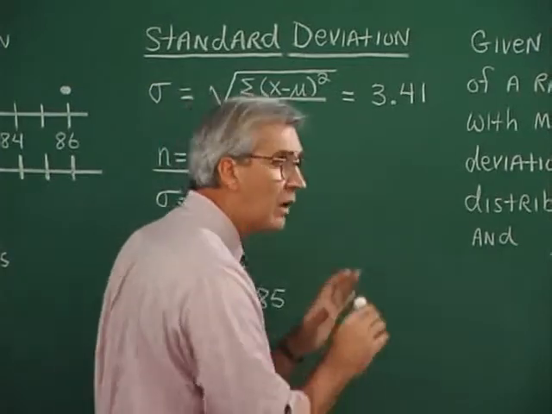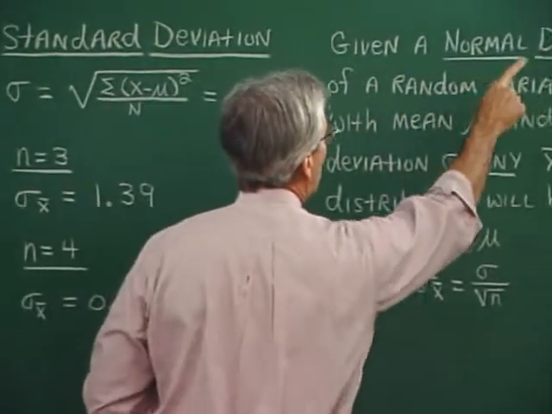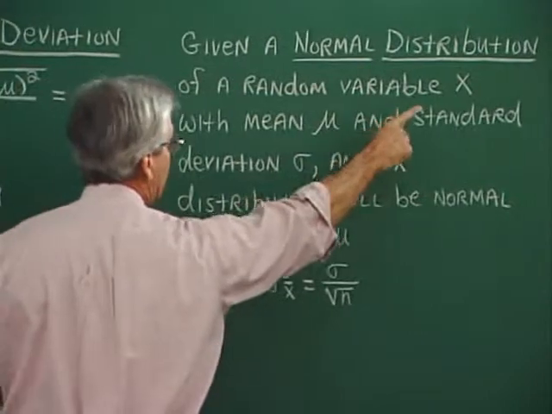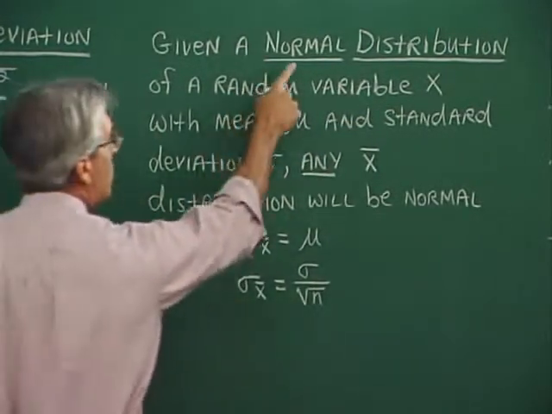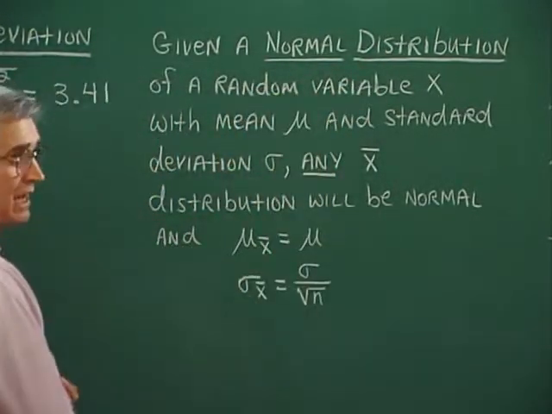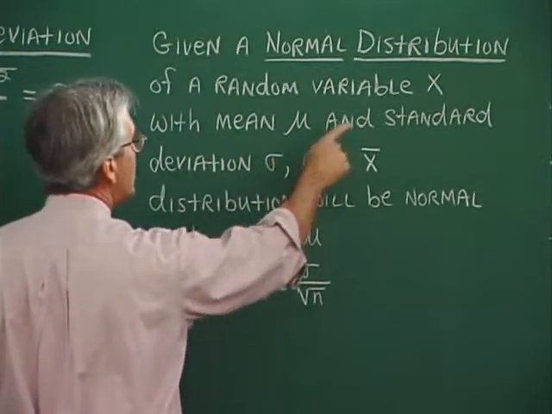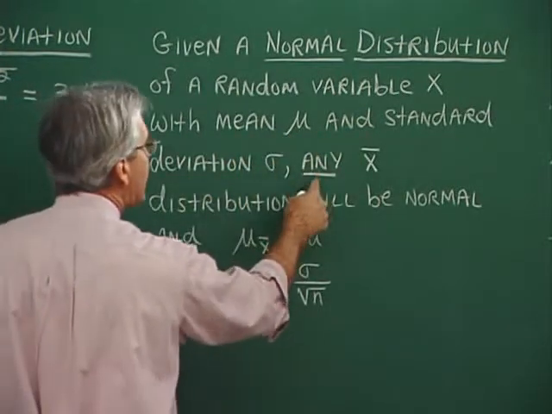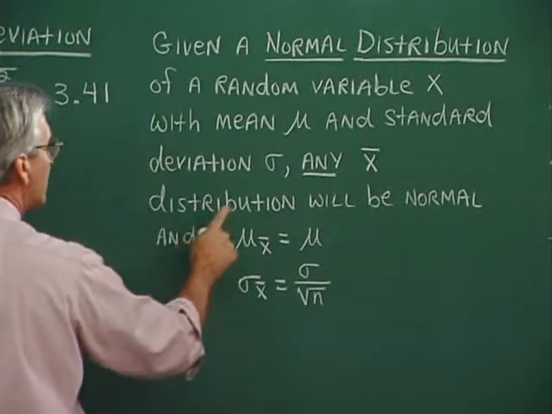Now, generalizing a little bit, given a normal distribution of a random variable x, with a mean mu and standard deviation sigma, any x-bar distribution will be normal.